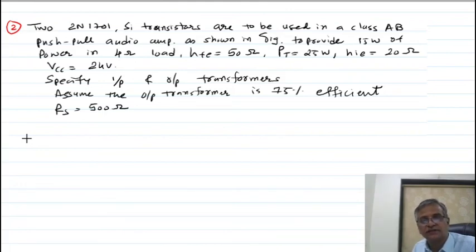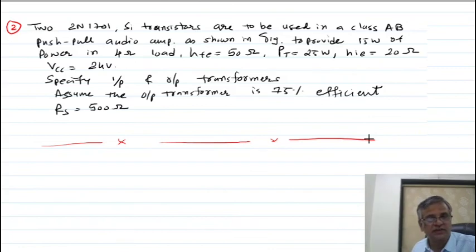So please refer to all the numerical, solve them, and after solving, post your answer on the Moodle platform. I think you get the clarity of this designing of class A and class B push pull amplifier.